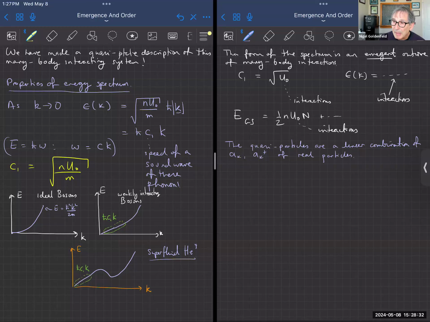And that's in Fourier space. So in real space, these quasi-particles involve all the particles in the system.